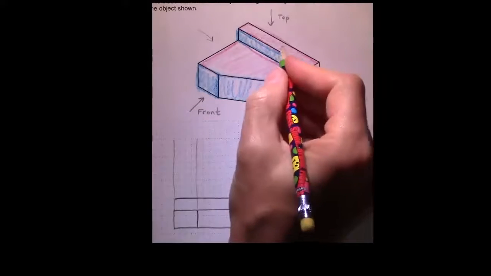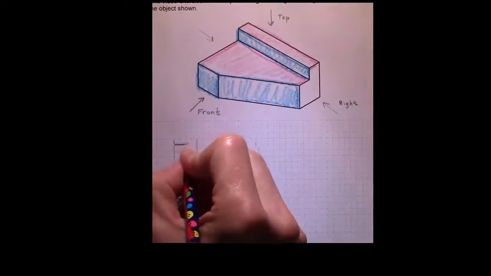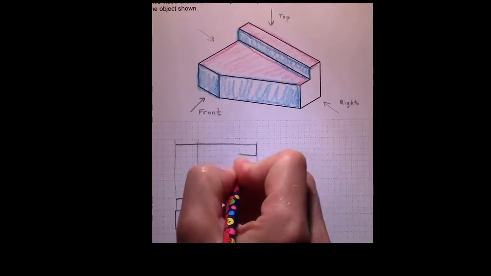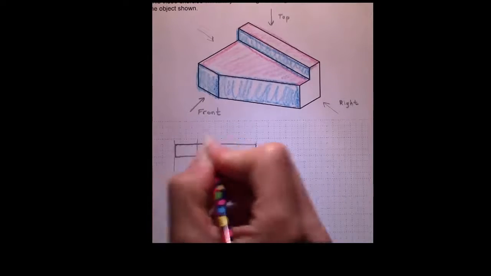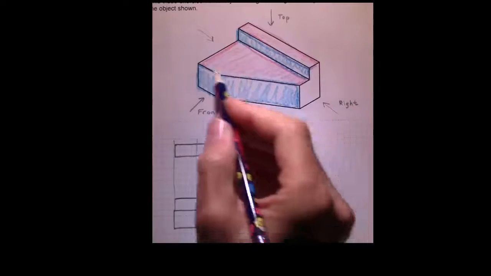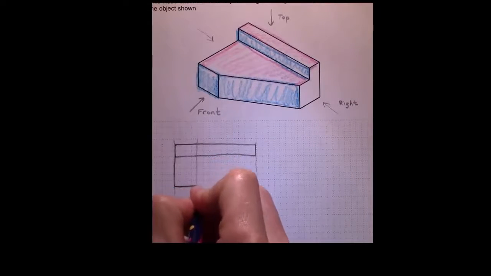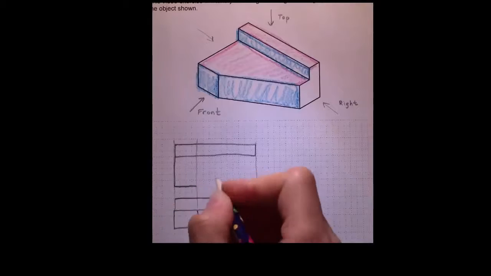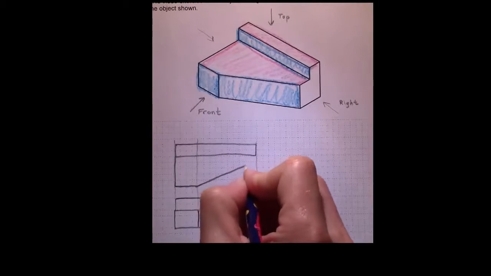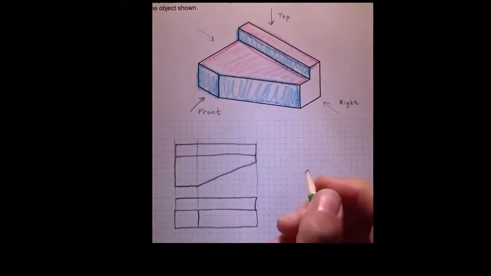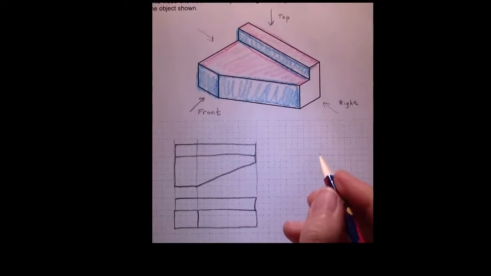Alright, so I'm going to fill in this rectangle here first. And then we have this shape. So we know by the projector this is where it starts to angle back. And there we go. So that's the top view.